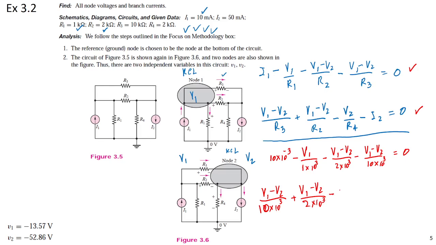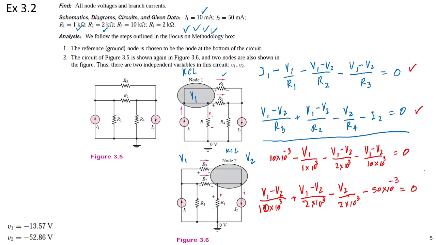And minus V2 divided by R4, R4 is 2 kΩ, right? And then minus the current I2, which is 50 multiplied by 10 to the minus 3, equal to 0.